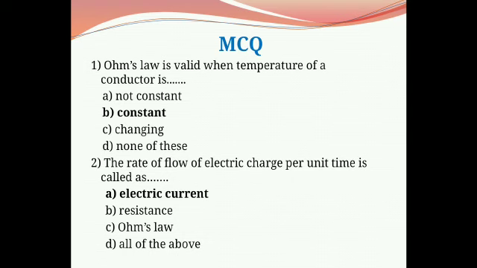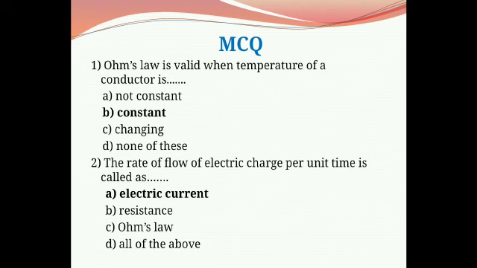As we see in the statement of Ohm's law, if the physical state of conductor remains the same, that means if its length, area and temperature remain constant, then electric potential is directly proportional to electric current. Therefore, Ohm's law is valid when temperature of conductor remains constant, and therefore option B is correct.